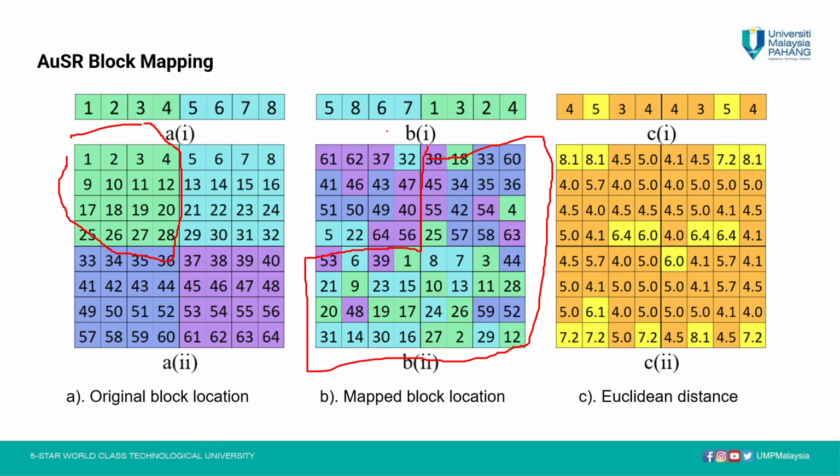So there is no block in this one which is embedded into the same region, the first region. All green blocks are embedded into other regions, and when we calculate the Euclidean distance, we can see that all blocks are far apart from one another.